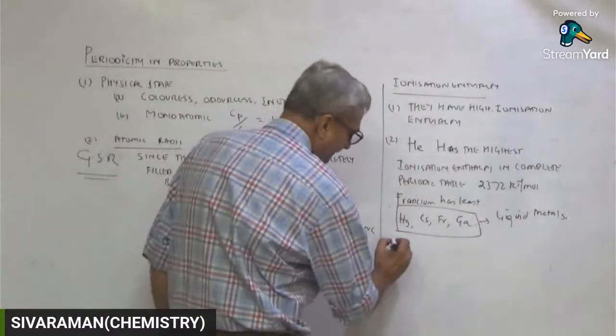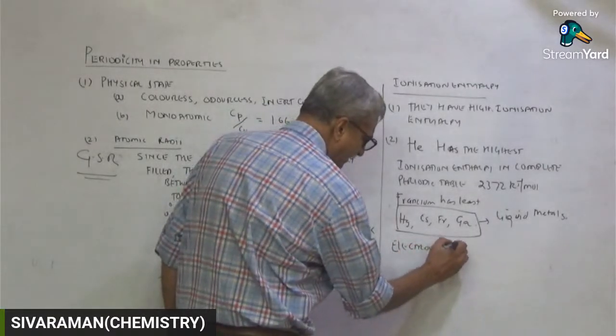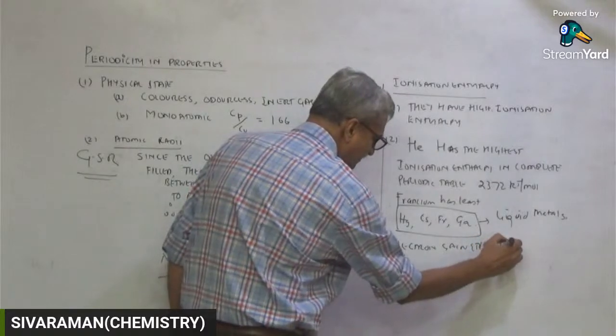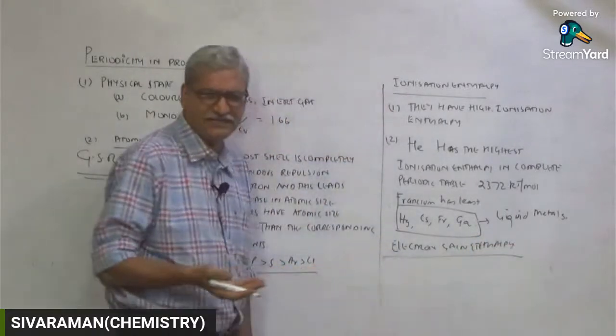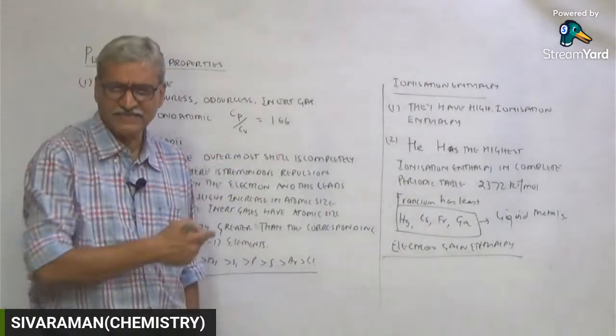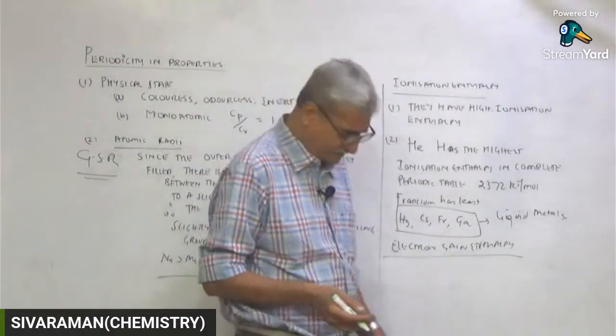Electron gain enthalpy, that much we will complete and go, then you take down. Obviously, they have very high electron gain enthalpy. They don't form compounds. One compound it is going to form, that we'll see later on.